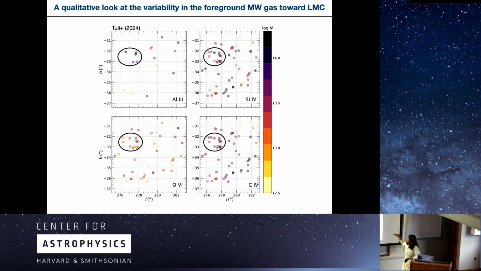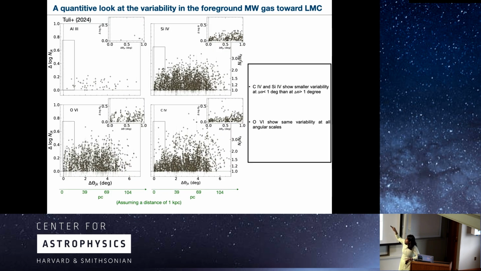So let's quantify this. In each panel on the y-axis, I have the log column density difference plotted against the angular separation of these sightlines. I'm not going to talk much about aluminum-3 because there's not much data, but for silicon-4, carbon-4, and O6, we see some trends here.